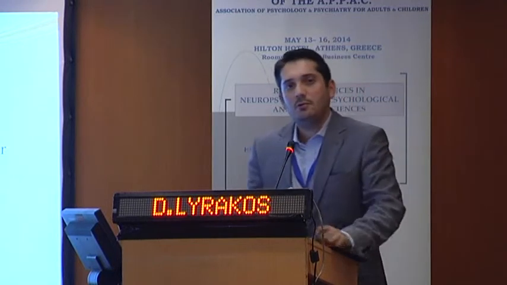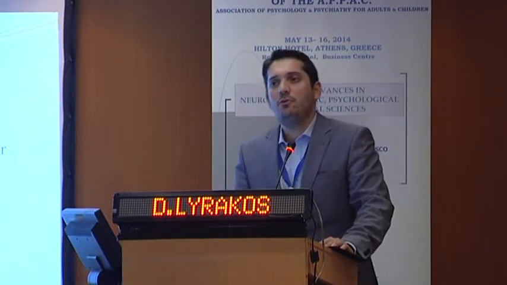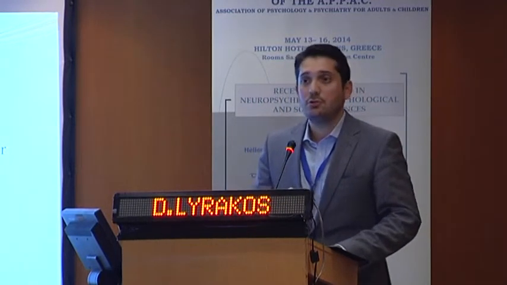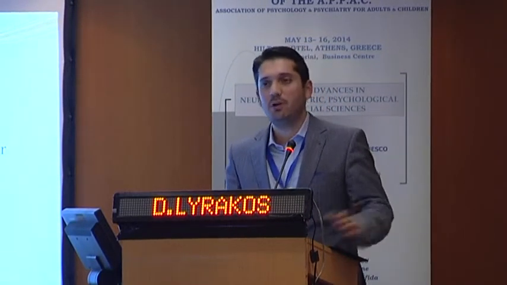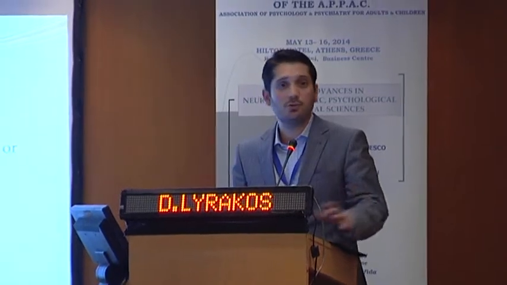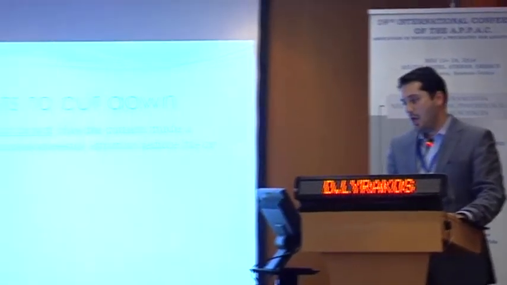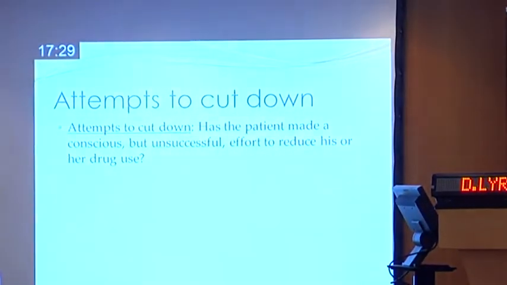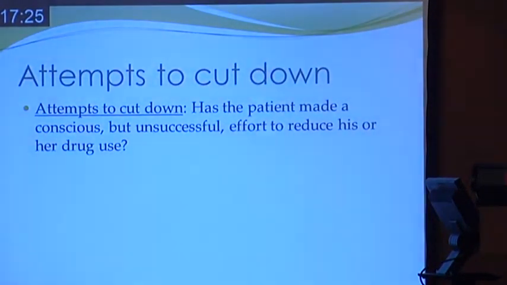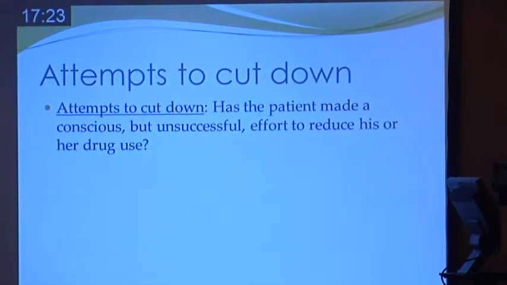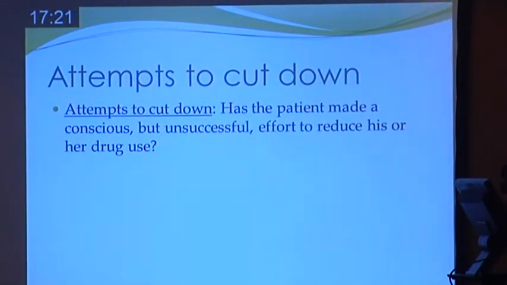Attempts to cut down. Even though a person can have a disorder, depression, borderline, antisocial personality disorder, a large percent of the patients that go for therapy are going because they have a non-suicidal self-harmful behavior.